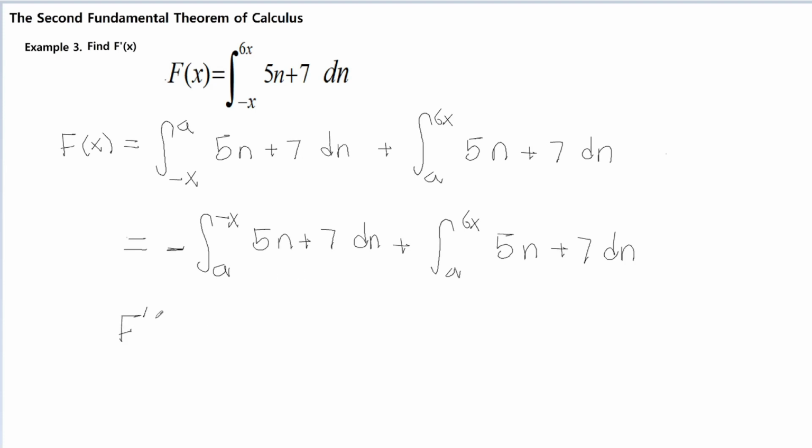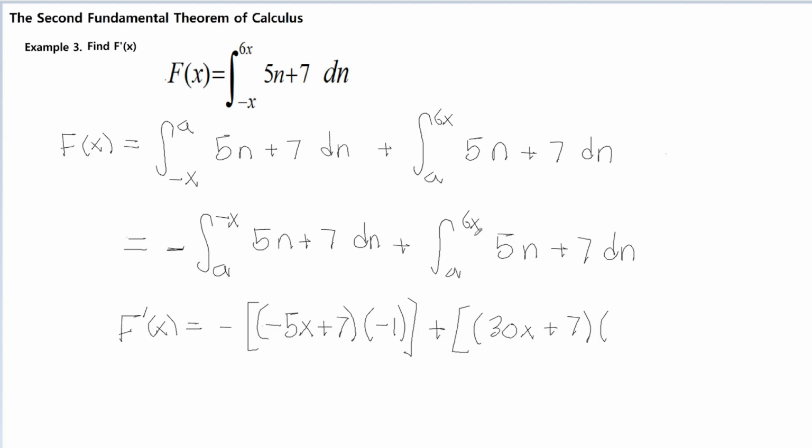So our f prime will equal negative 5x plus 7, because you're substituting negative x into the n, times the derivative of negative x, which happened to be negative 1 in this case, plus 30x plus 7 times the derivative of 6x, in this case 6, will be our f prime of x.